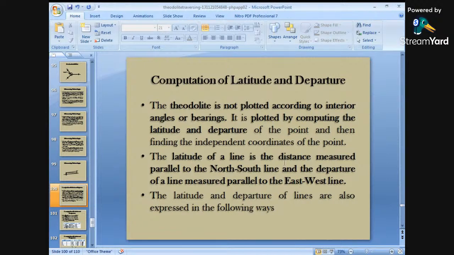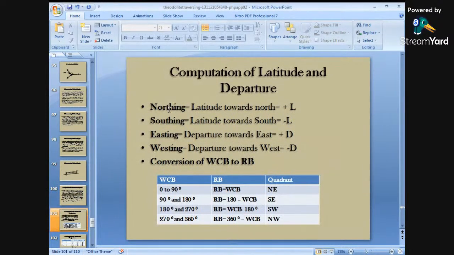The latitude of the line is the distance measured parallel to the north-south line. So latitude represents your north-south line. The departure represents your east-west line. Now the latitude and departure of the lines are also expressed in the following way. If it is northing, then the latitude is towards north and it is taken as positive.